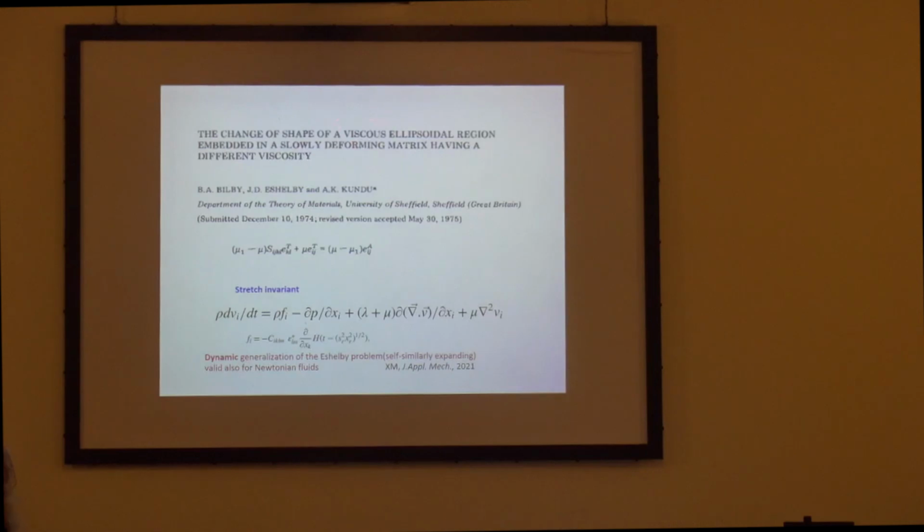The important thing is that the Eshelby ellipsoidal inclusion properties are also valid for a Newtonian fluid of the change of shape of a viscous ellipsoidal region embedded in a slowly deforming matrix having a different viscosity. So, in this paper of Bilby and Eshelby, the equations being stress invariant, the property is also valid for Newtonian fluids, and this connects solids and fluids in a very fundamental way in the phase transformations.